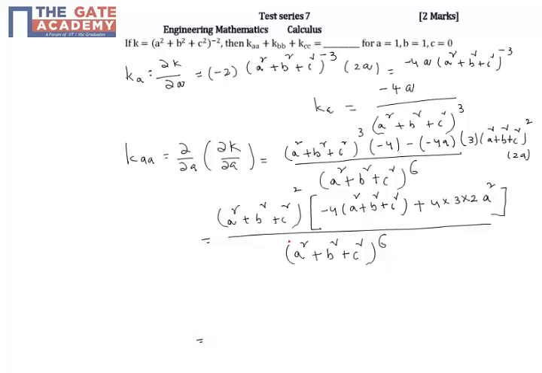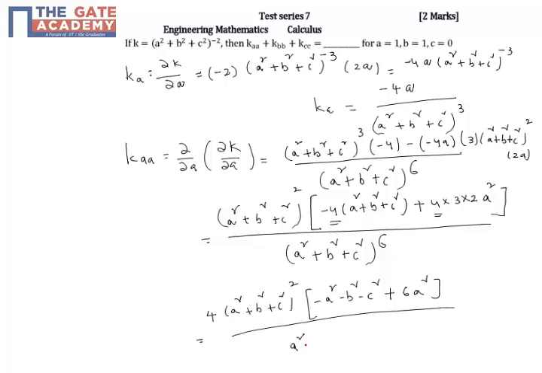So now I'll take the 4 also common because 4 is also there in two expressions. So 4 into (A square plus B square plus C square) whole square. So here this will become minus A square minus B square minus C square plus, because 4 is taken out, here only 6A square, divided by (A square plus B square plus C square) whole power 6.